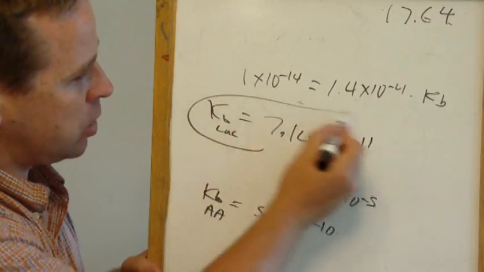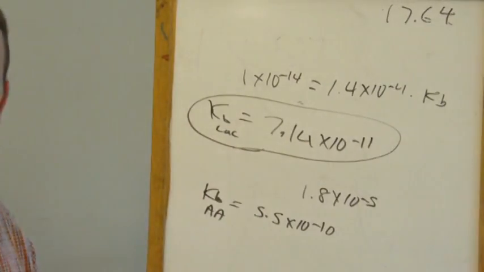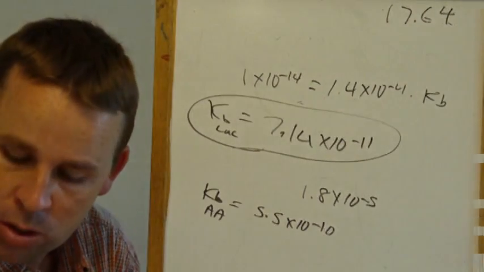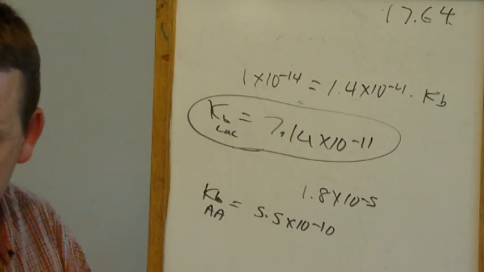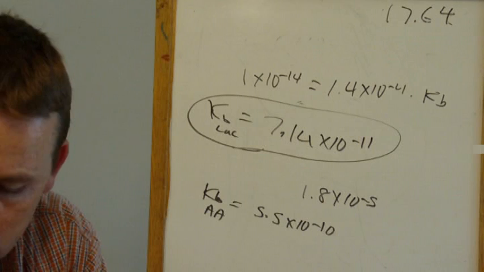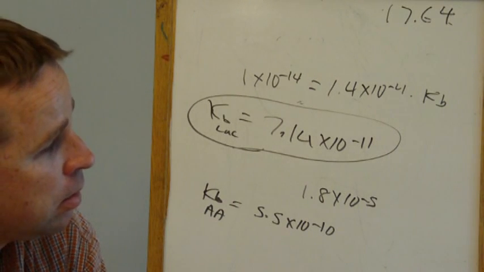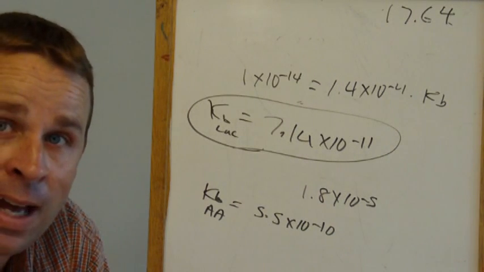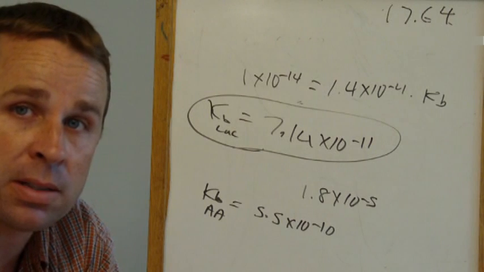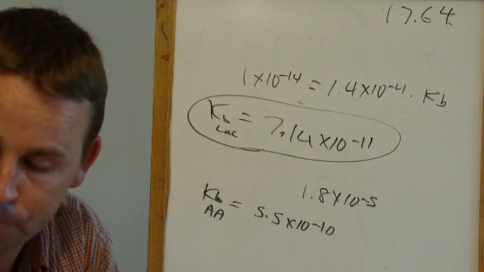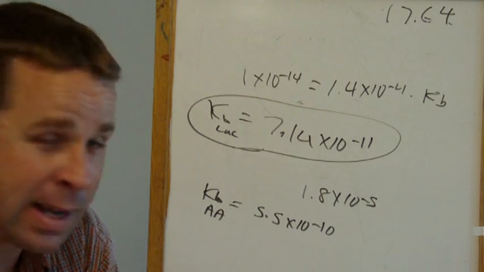So this value is smaller, right? The lactate value is smaller. So the question is, is the lactate ion a stronger base than the acetate ion?